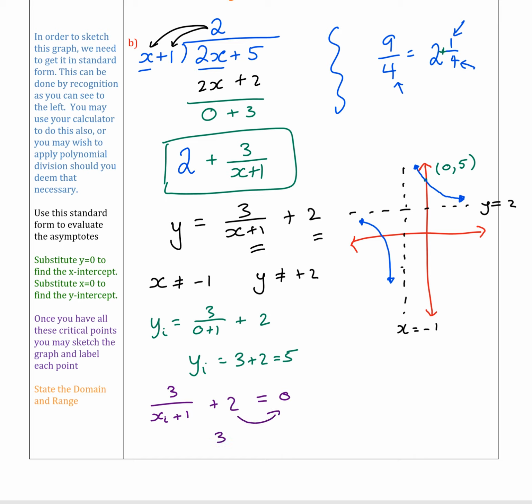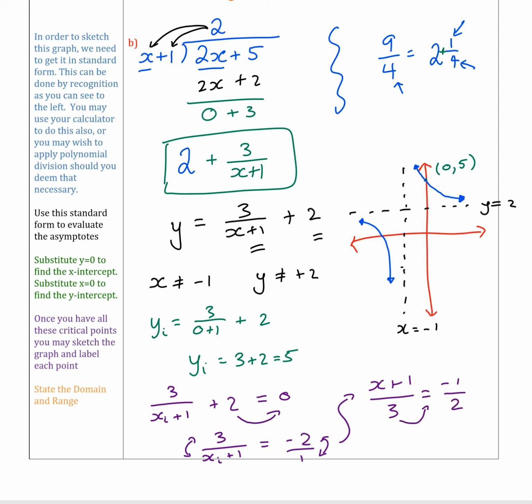Bring that over. 3 over the intercept plus 1 is negative 2. Now this negative 2 is kind of like writing negative 2 over 1. And if we wanted to solve this, well, we could raise both sides of this equation to negative 1. In other words, we can flip both fractions. So I could say that x plus 1 over 3, so I flip the left-hand side, is equal to negative 1/2, so I flip the other side.